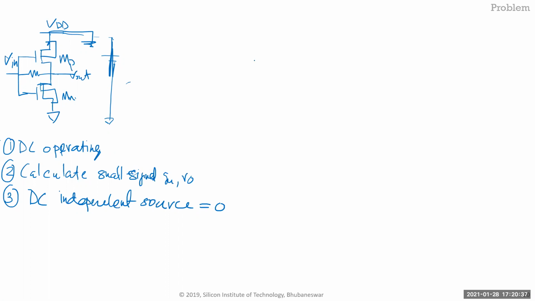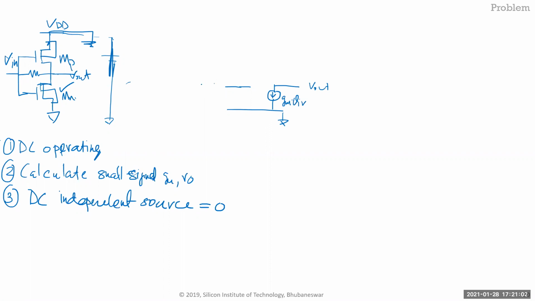Okay. So let's start with this MN device here. From the gate, which is V in, and the drain is V out. The first element is GM, from V out to the ground, and this is going to be GM times V in.